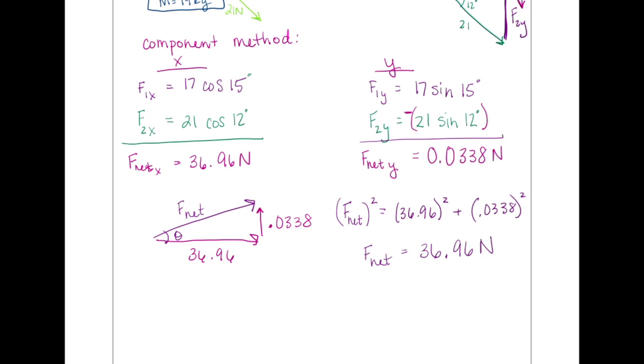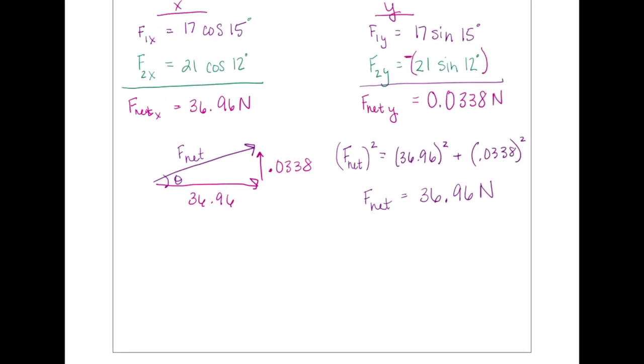Okay, so then to find the angle at which it is being pulled that way, we're going to take the tangent of theta equals opposite over adjacent, so 0.0338 divided by 36.96. Okay, so rearrange, it'll be theta equals the inverse tangent of 0.0338 over 36.96.